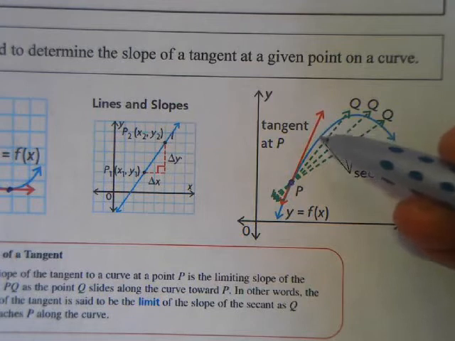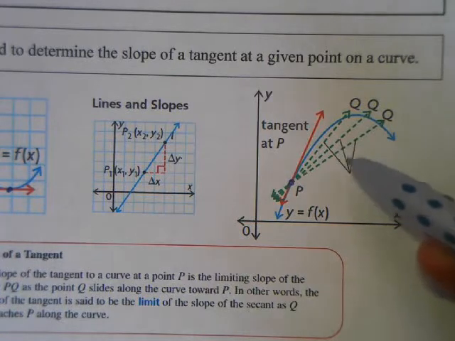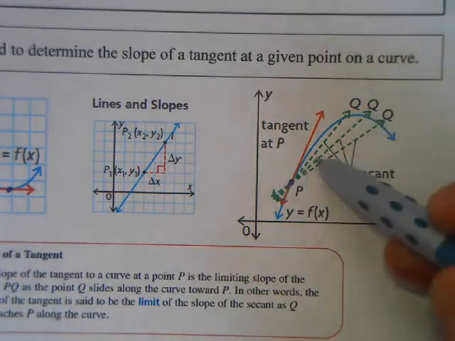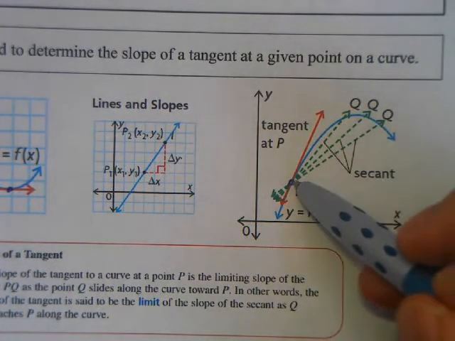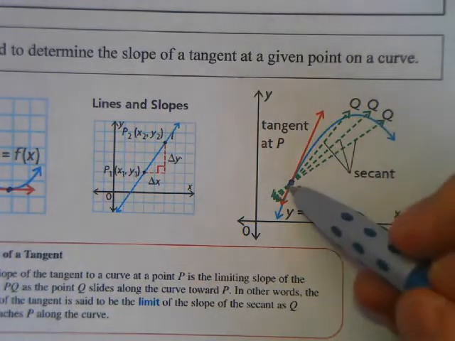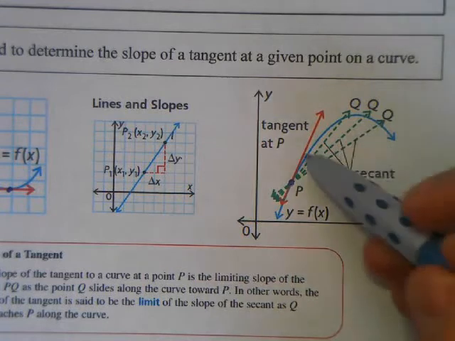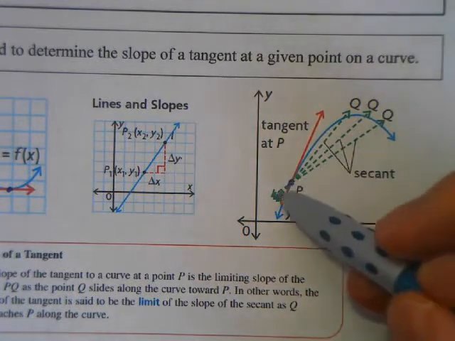Okay, so what we do, remember a secant is a line that crosses the curve at 2 points. So we have a whole series of secants here. We haven't labeled them, but these dashed green lines are secant lines that go through P and also go through another point Q. Now if I was to take the slope of that secant to try to approximate this tangent, it's not all that close, right?